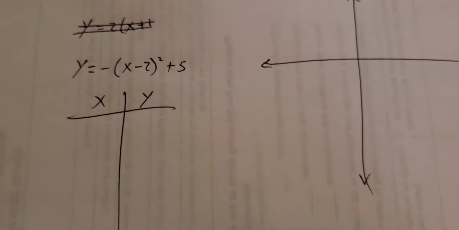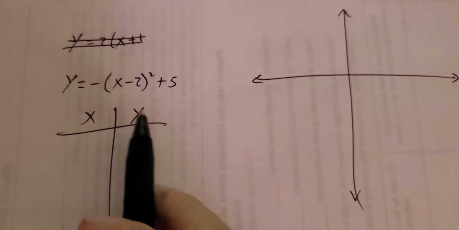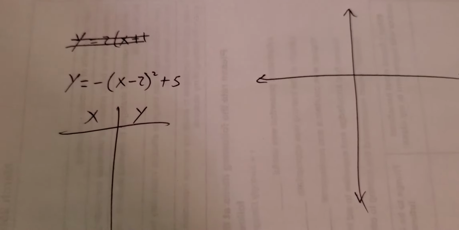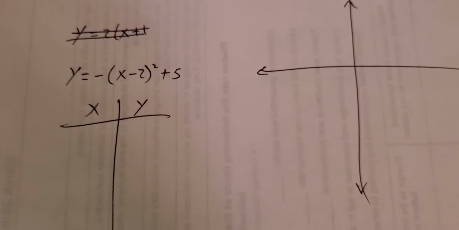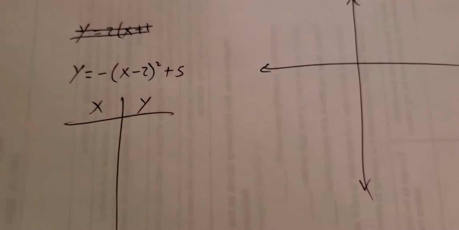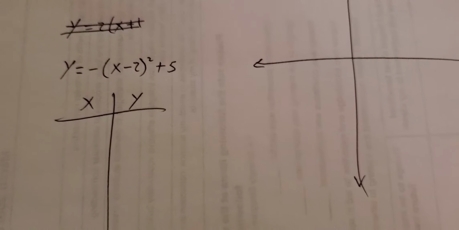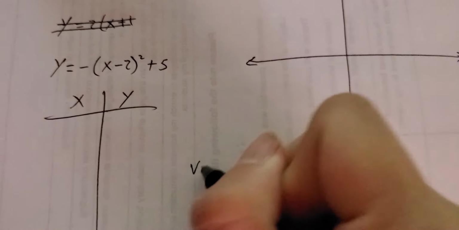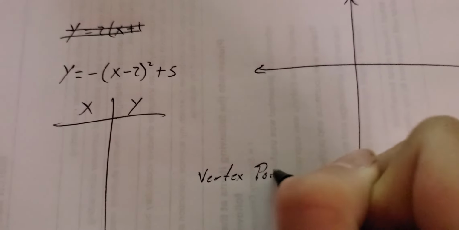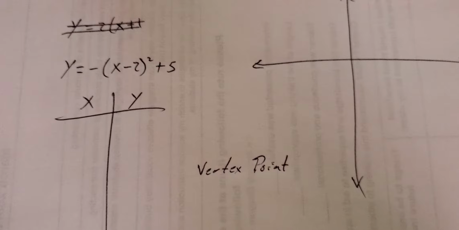Just by looking at the numbers, I can say that this is going to be an upside down graph. It's going to be shifting up 5 units and to the right 2 units. But the first thing we can do is find the vertex point, before graphing.